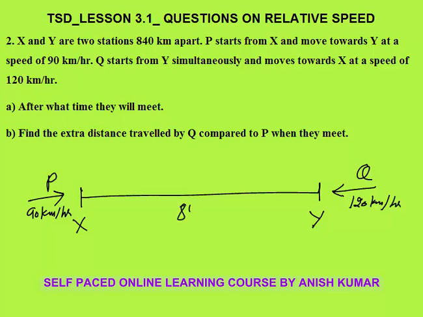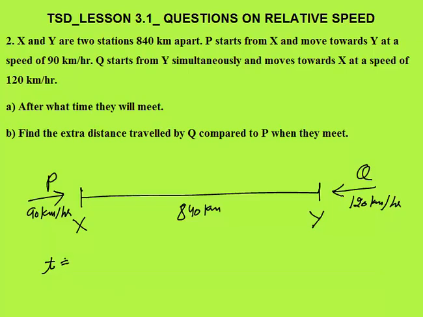Distance is 840 km. Now the first question is, after what time do they meet? Time to meet is distance upon speed. When P and Q meet, the gap will become 0. So we need to reduce the gap of 840 km. What is the relative speed?